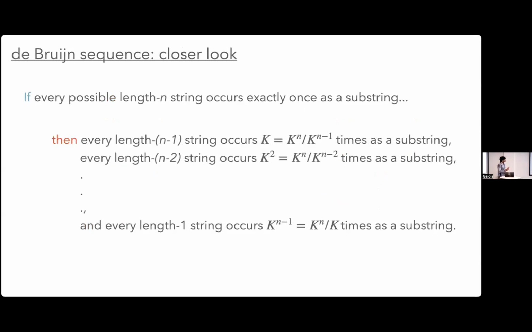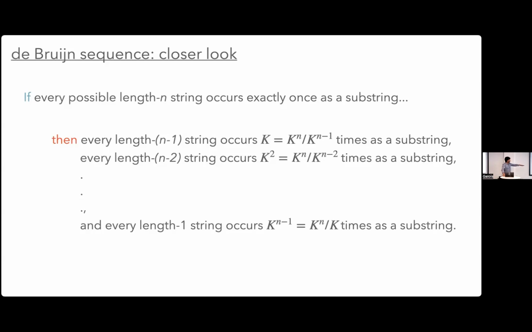So taking a closer look at De Bruijn sequences, if every possible length n string occurs exactly once as a substring, then every length n minus 1 string occurs k, equals k to the n over k to the n minus 1, times as a substring. Every length n minus 2 string occurs k squared, equals k to the n over k to the n minus 2, times as a substring.